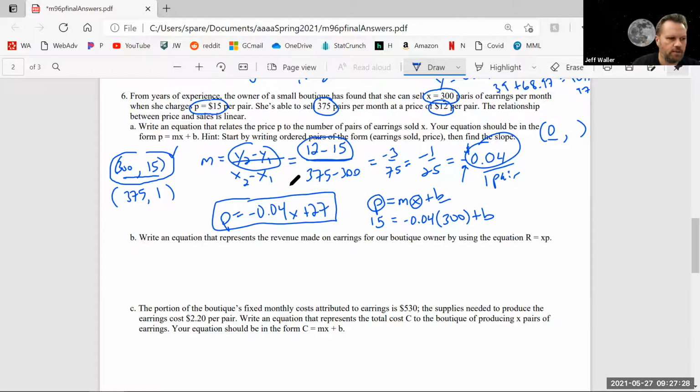All right. Now, revenue, why does this make sense? X is the number of earrings sold, and P is the price per earring. So how would I figure out how much money I pull in from selling earrings? I multiply the number of earrings I sell by the price per earring, right? How much money do I make if I sell 300 earrings at $15 a pop?